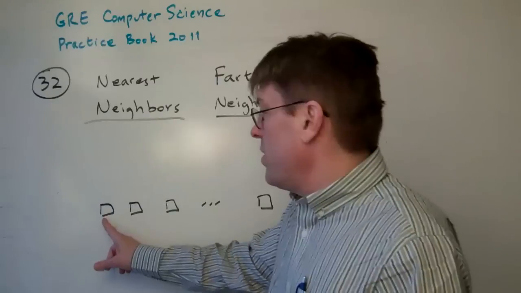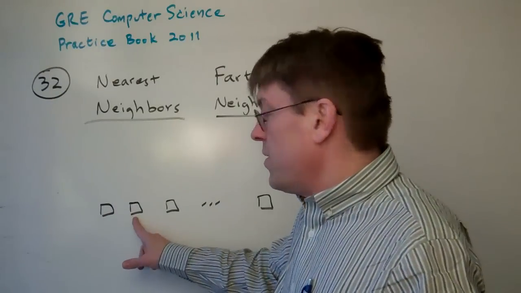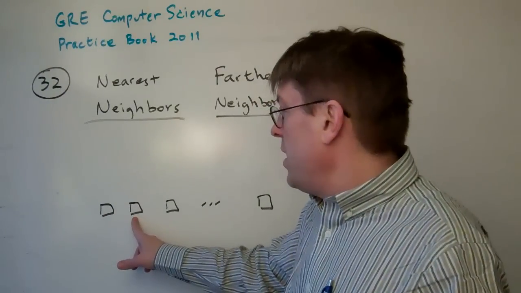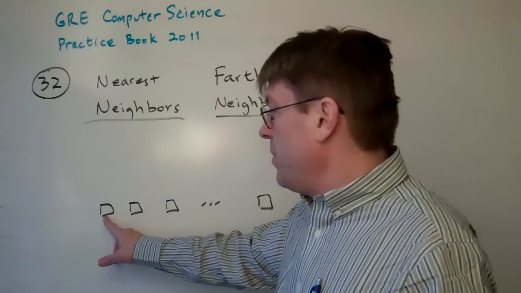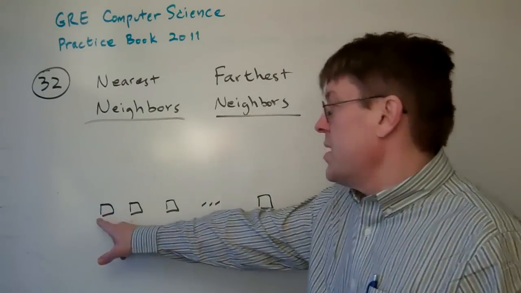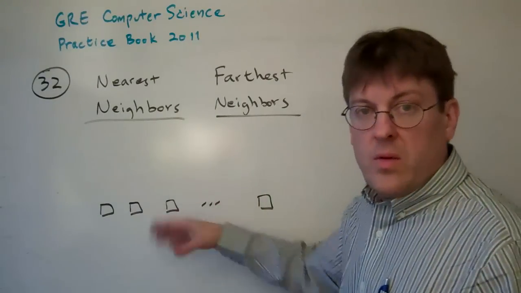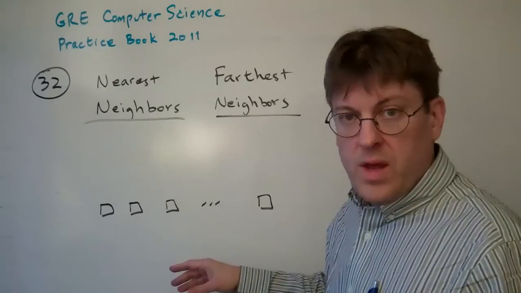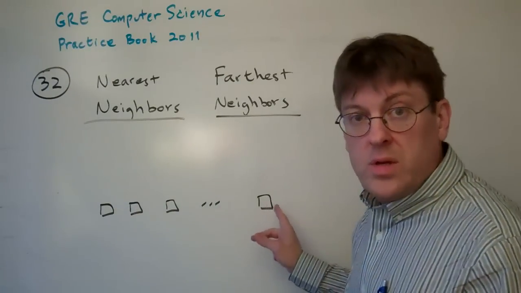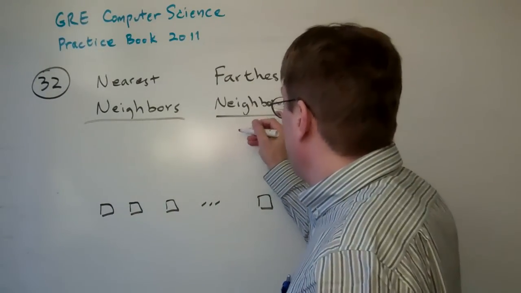If I go to this one, I pop it in here, and go to this one, and if it's bigger, then I'll pop it in here. If it's smaller, I'll put this one in here and swap that one in there. So we can just keep the minimum and the maximum. We don't care about any of the ones in the middle. We just want to know the farthest neighbors. Just keep on doing it till you get to the end. So that's O of n.